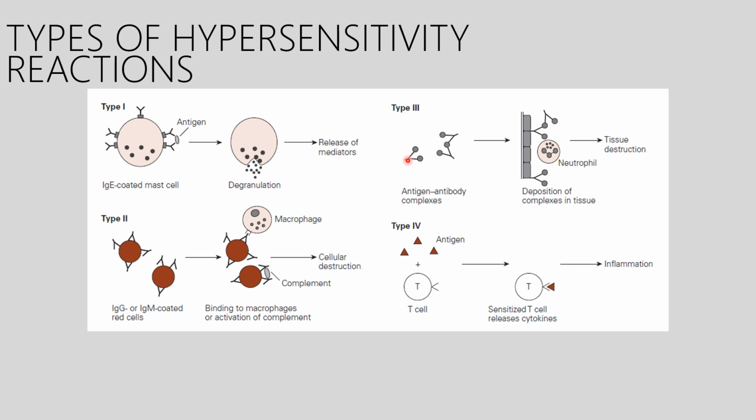In type 3, it's still an immune complex, but these are of soluble antigens and they deposit in tissues, and the deposition of these immune complexes will trigger the complement system or neutrophils and will cause tissue destruction. And in type 4, the antigens are recognized by T cells, and when the T cells are sensitized, they will release cytokines that will trigger inflammation.